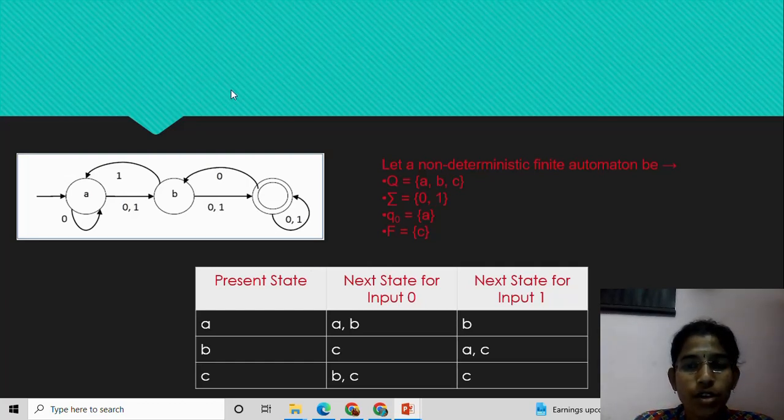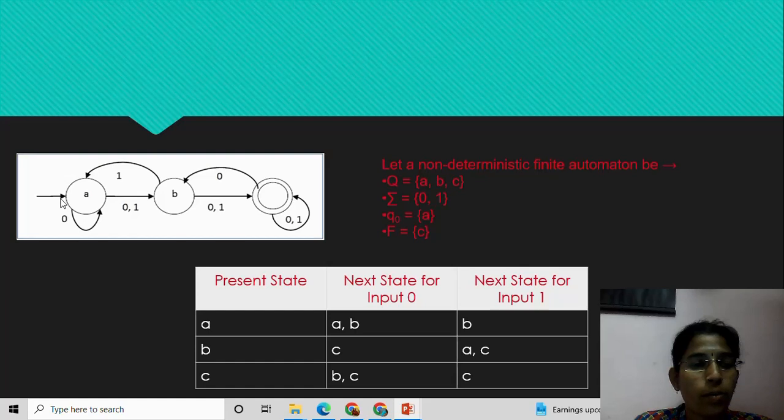Non-deterministic finite automata can be represented using graphic representation, table representation, transition function representation and equation representation. Here we have 3 states: state A, B and C. It has some edges with the values 0 and 1, so the input is 0 and 1.